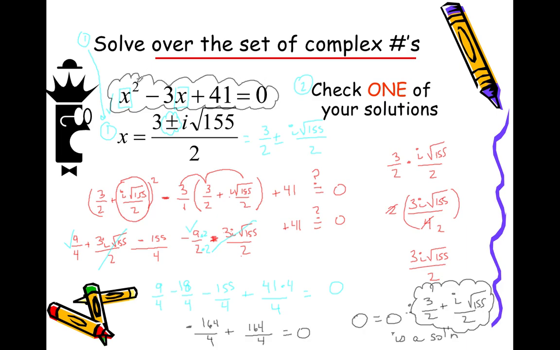And if you don't believe me, you can check this on your calculator by doing just what we did with 5 plus i. You do 3 plus i root 155 all divided by 2 and store that in alpha A. Sweet! All right, so that's the end.